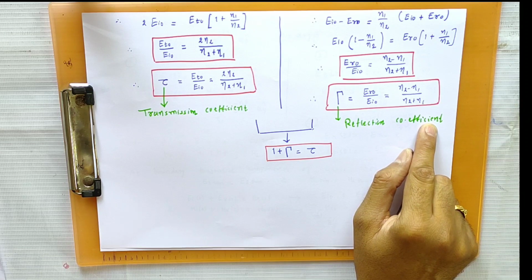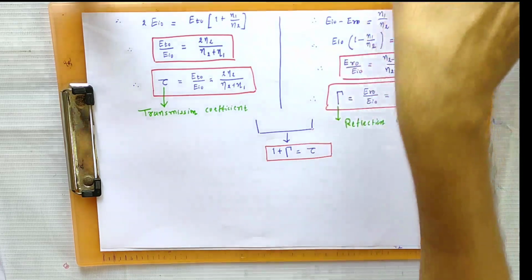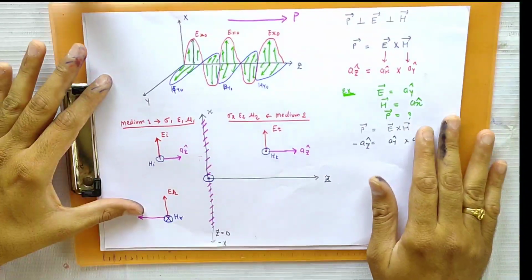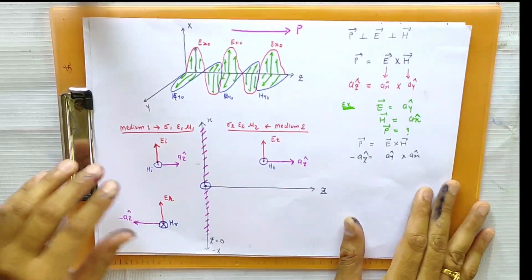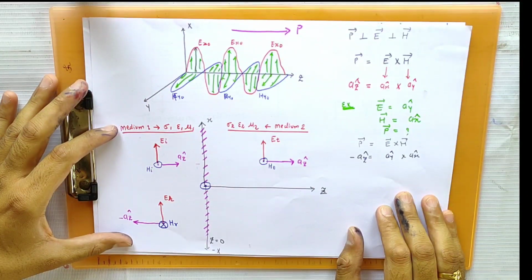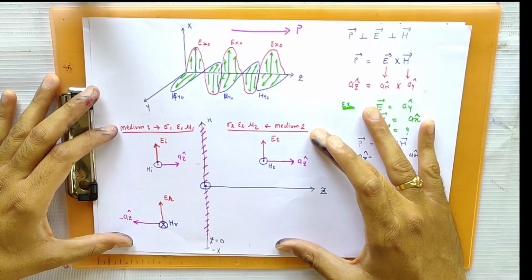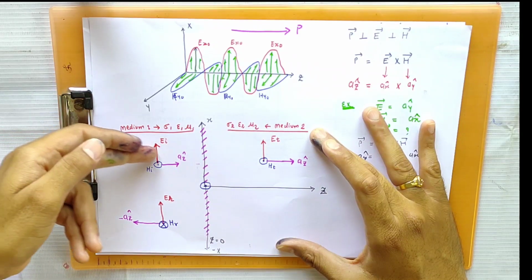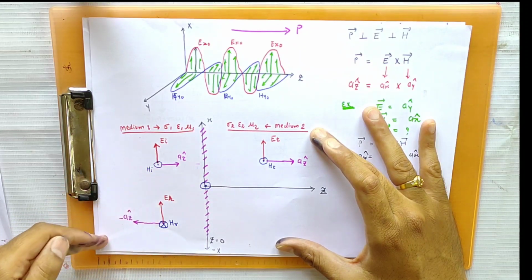Now listen carefully: what should be the minimum and maximum value of the reflection coefficient? The conclusion is important. Suppose medium 1 is free space and medium 2 is a good conductor. We know that inside a good conductor no electromagnetic wave propagates. That means whatever wave is incident, all of it is reflected back.